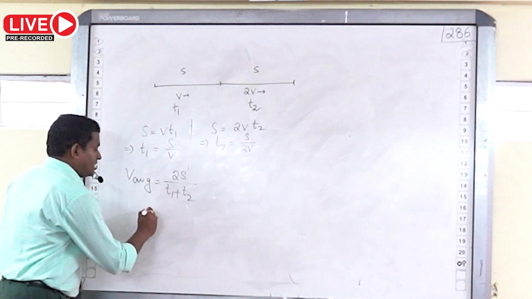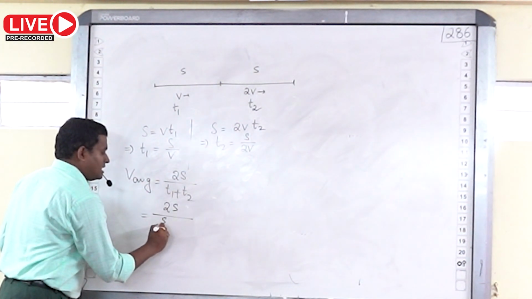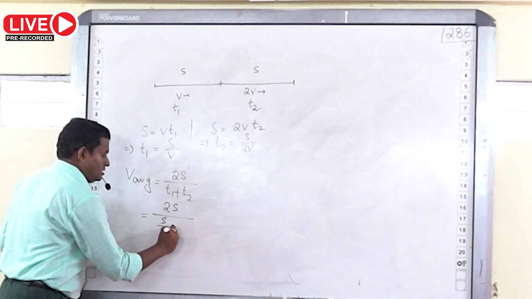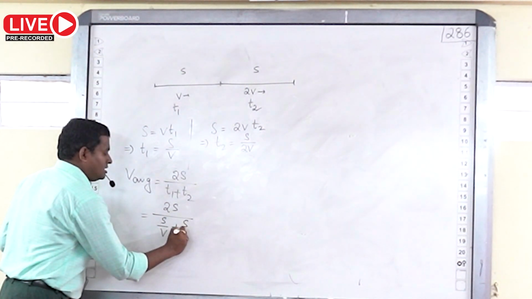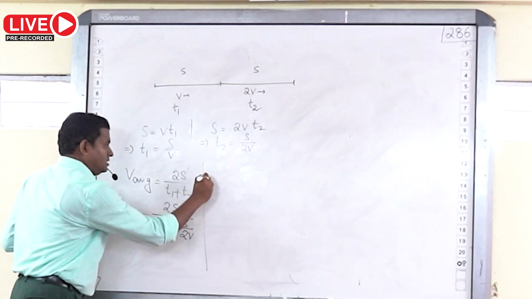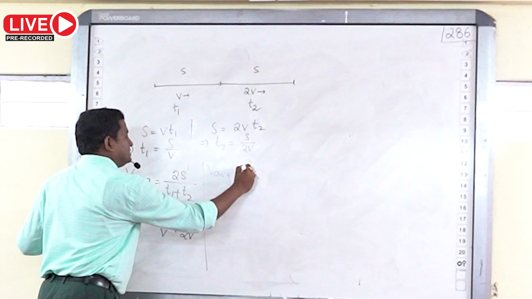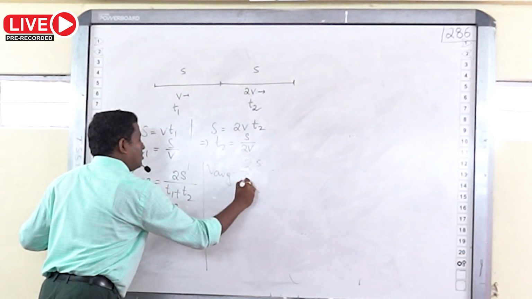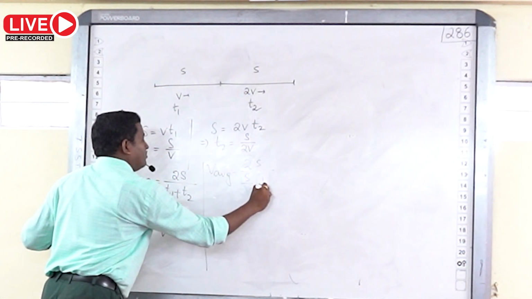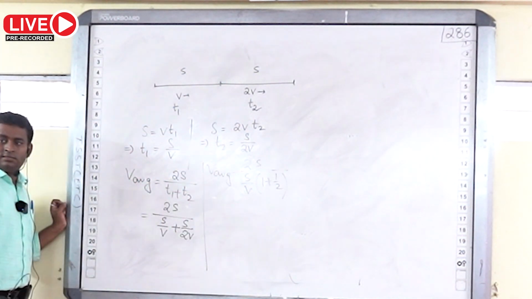So this will become 2s divided by s by v plus s by 2v. Then you can write v average equal to 2s is there, s by v taken common, it will be 1 plus half, right?